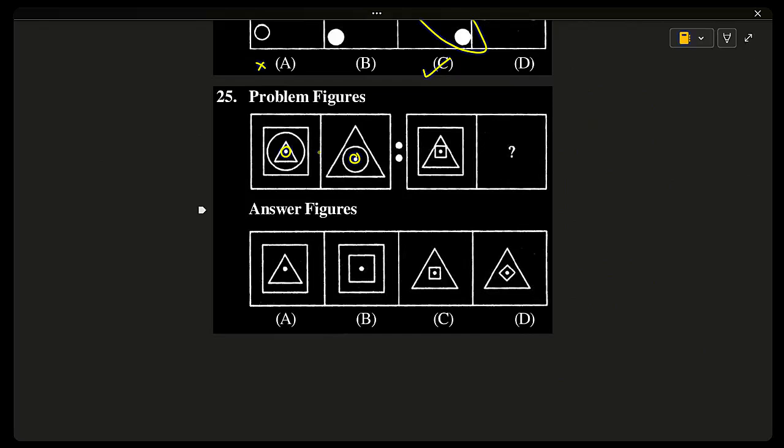Let us take what is there after the dot: the figure is going completely out. After the dot, we have a square here. The square should go completely out. So in which options is the square in the complete exterior part? Option A may be correct, B may be correct, but C and D are wrong. Why? Because we want the square completely outside. And then next, after the square, we have the circle.